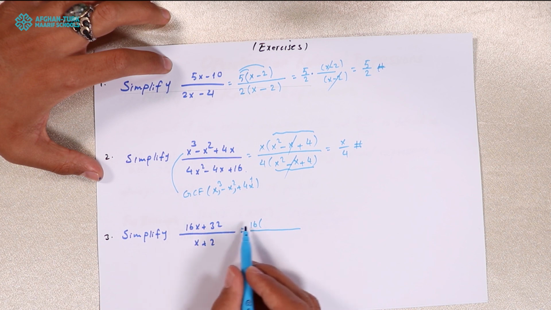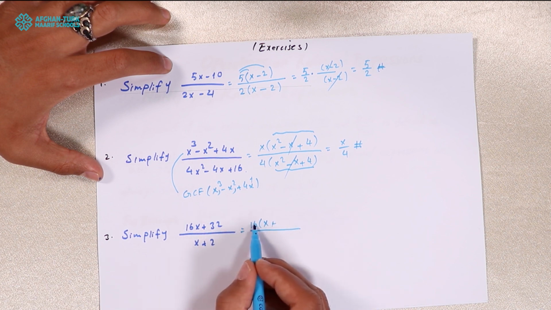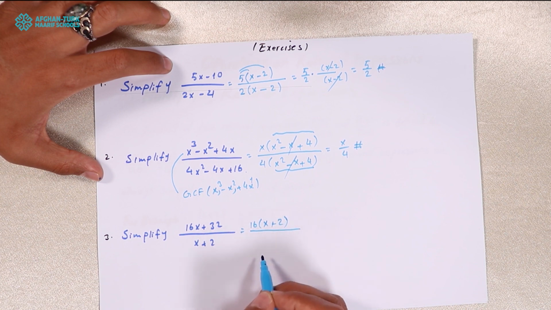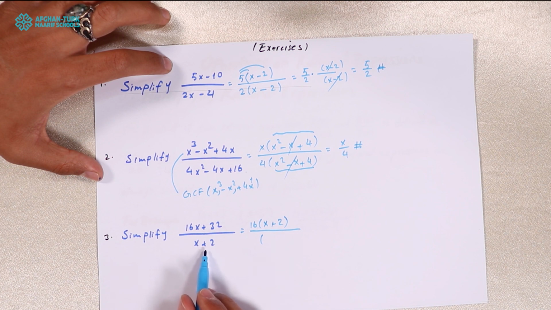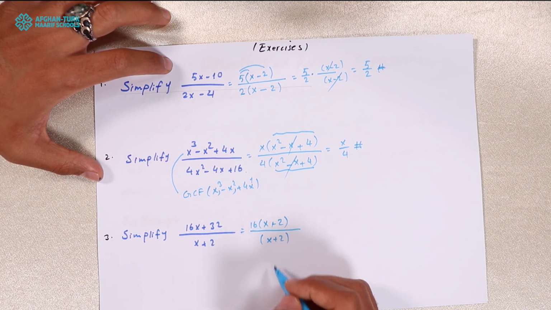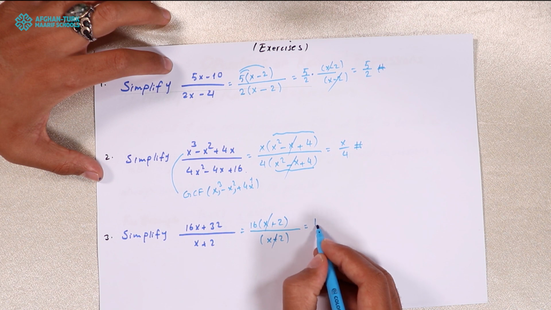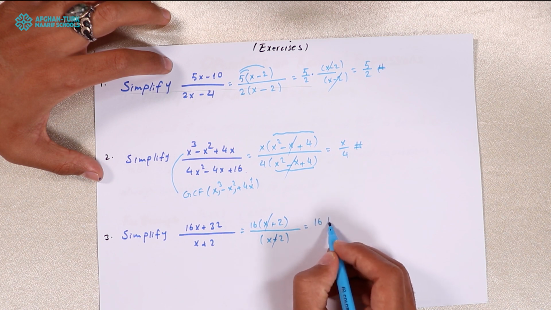So 16x divided by 16 is x, plus 32 divided by 16 is 2. At the denominator, we don't have any specific real number or variable to take as a common factor, so we write it as it is. Here we can cancel them, because x plus 2 and x plus 2 are the same. The answer is 16.